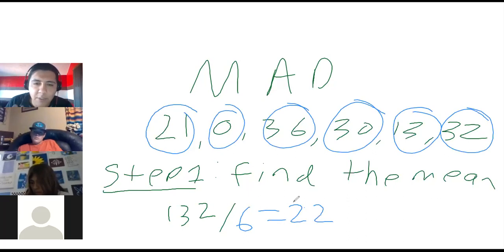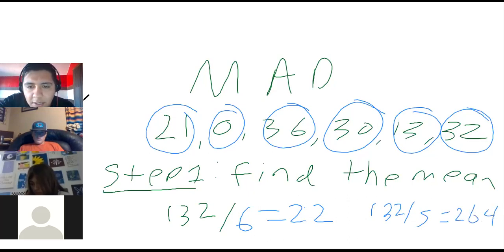Let's say we didn't include that 0 and we did 132 divided by 5. It's 26.4. Not a lot in this case, but you can see that it drops down 4 points because of that 0. But anyways, it's not really what we're focused on. Our average is 22.